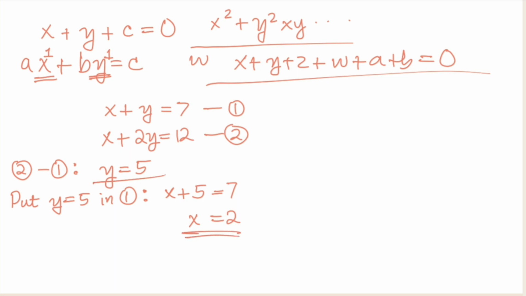So by using elimination, we solve for x and y as we've done. And so this idea can be extended to more variables, where you now have some system of equations in the variables x, y, and z, and you want to solve for them to get the values of x, y, and z.